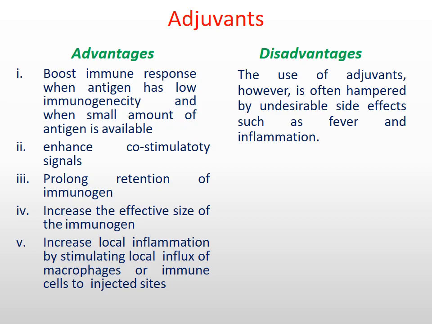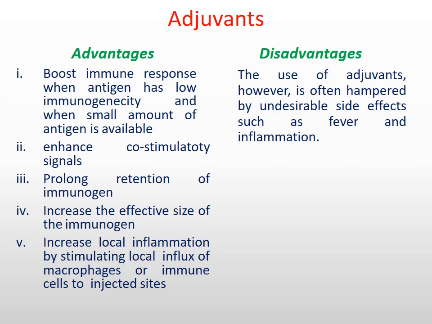Okay. Then what is the disadvantage of adjuvant? An adjuvant can produce undesirable and inappropriate responses. Due to the increased local inflammation, the side effects will be increased, and intolerance to the antigen can be increased.